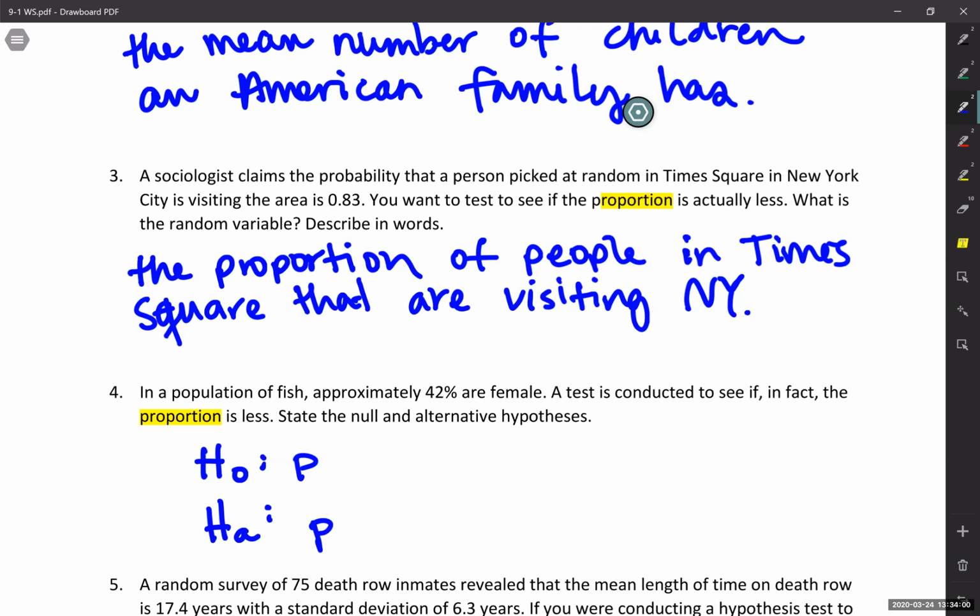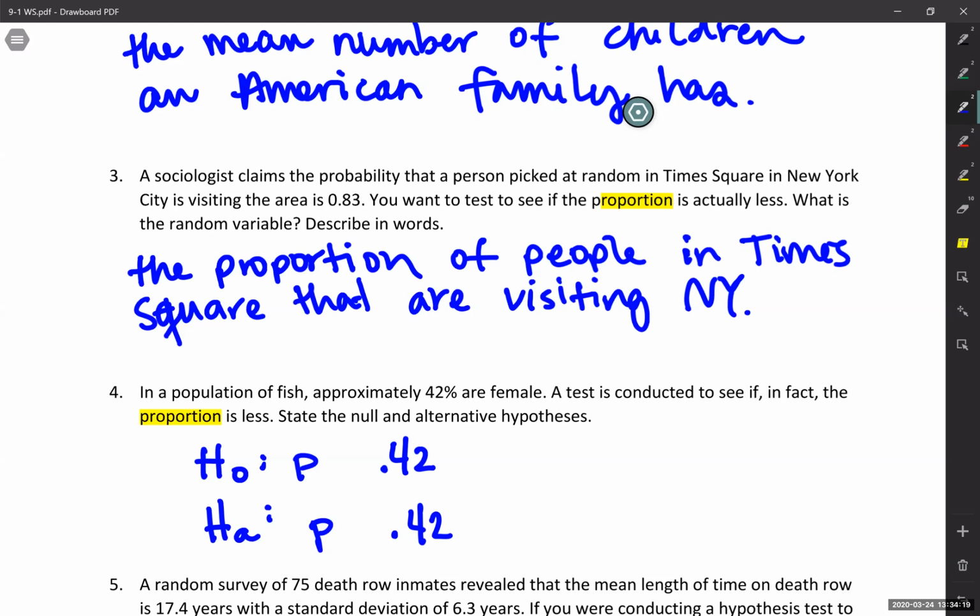Step 2, what is the claim? What number is the claim? In a population of fish, approximately 42% are female. So 42%, we always write as a decimal in proportion problems because proportion is the decimal version of a percent.